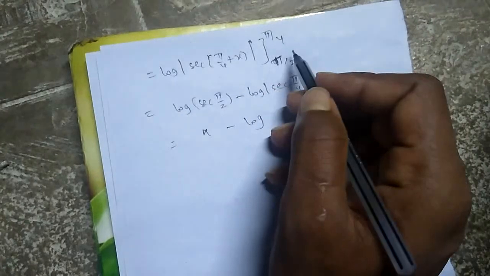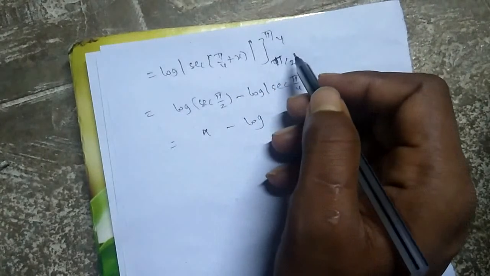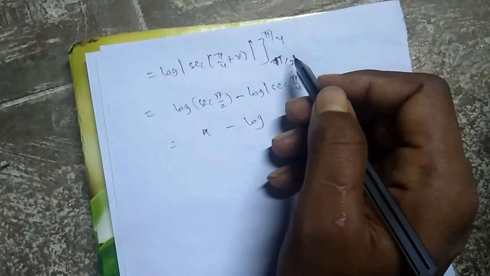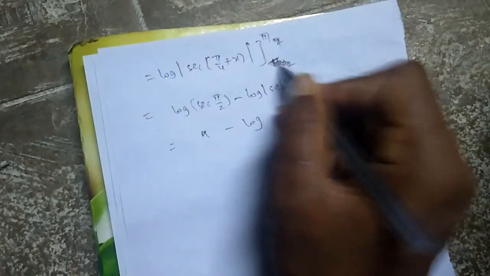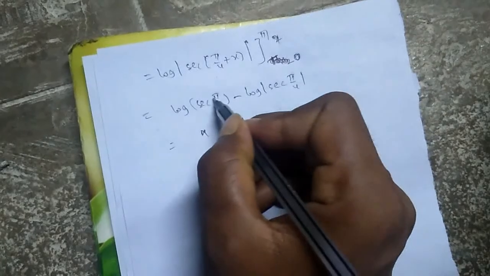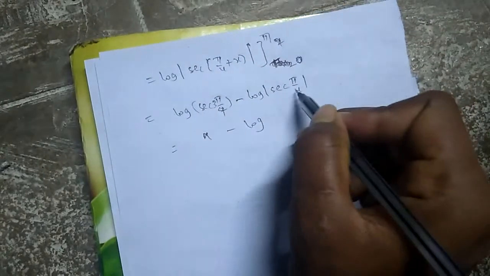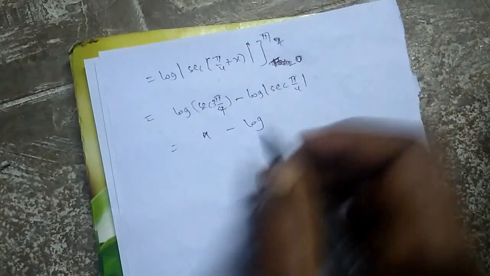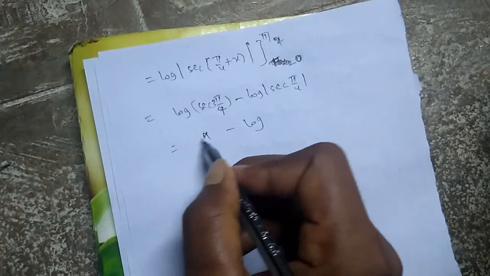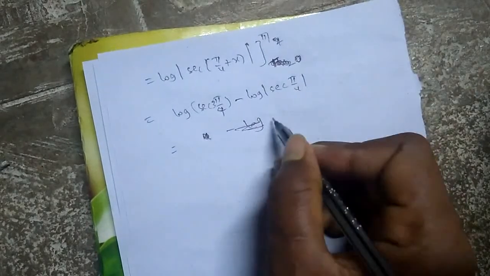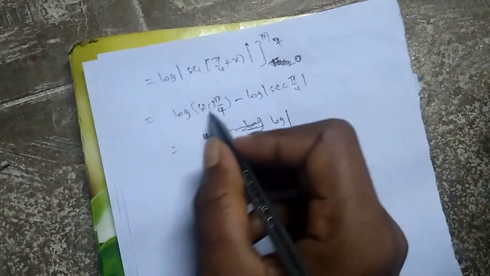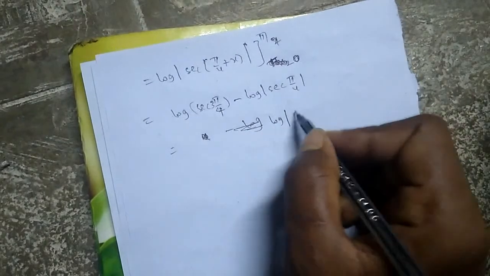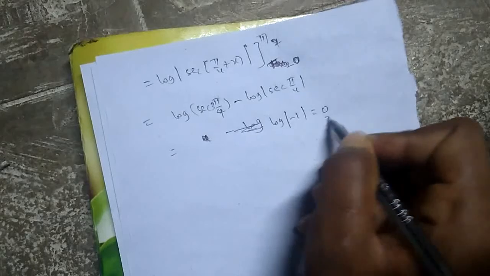Then it will be 0 to pi by 2: this will be 3 pi by 4 at the upper limit, and if you put 0, that is pi by 4. So this is log mod sec 3 pi by 4 minus log mod sec pi by 4. Both are the same only, log mod minus 1, so that is equal to 0 actually.